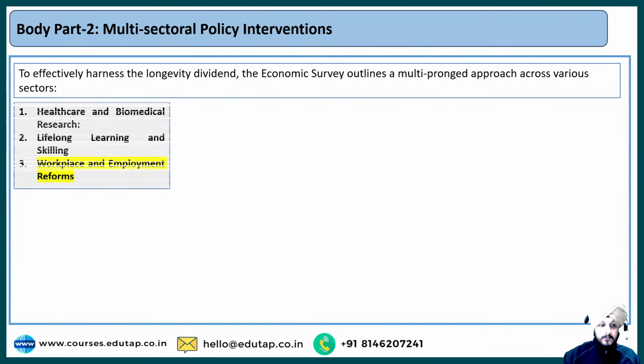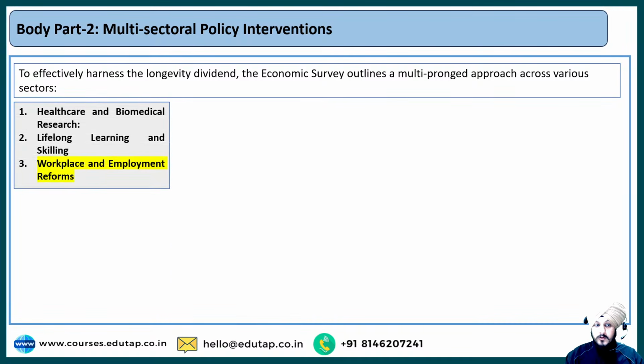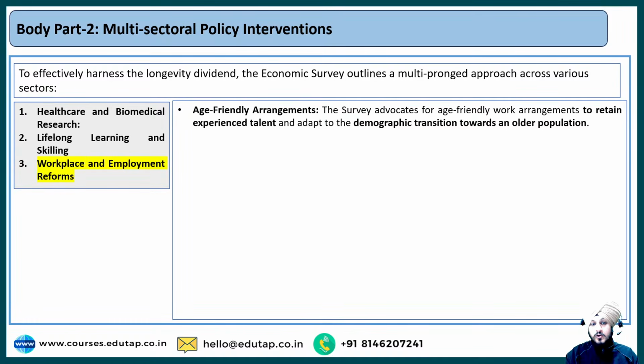Now the next one is workplace and employment reforms. Over here, the Economic Survey first of all talks about age-friendly arrangements. The Economic Survey advocates for age-friendly work arrangements to retain experienced talent and adapt to the demographic transition towards an older population.